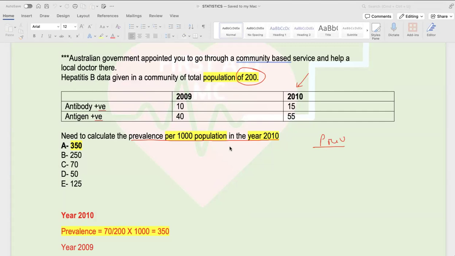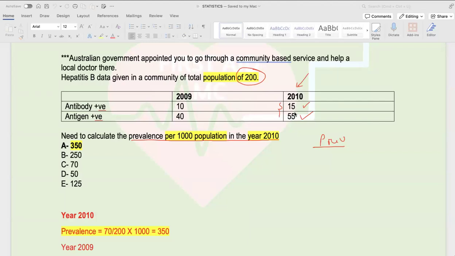Now, hepatitis B prevalence means all the patients who got diagnosed with hepatitis B, the new and old. So whether they are antigen positive or antibody positive, all of them are diseased, or at some point they had the disease.